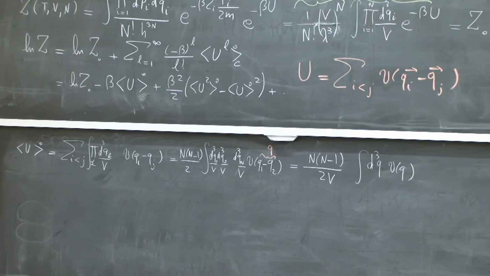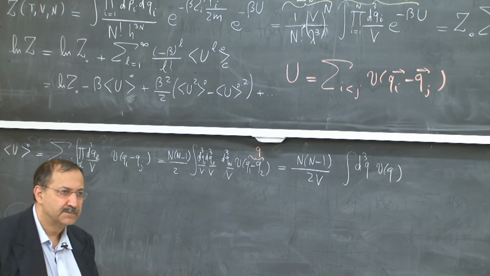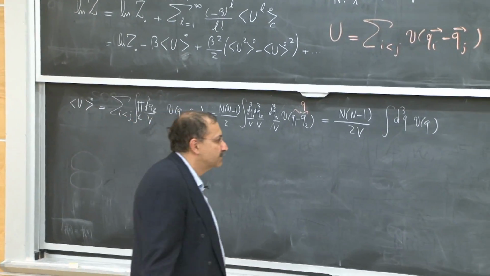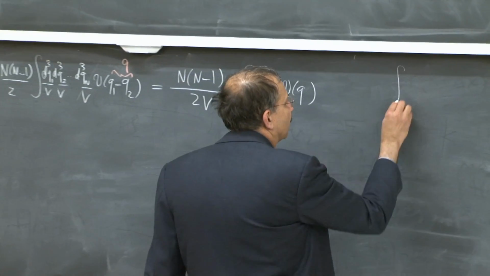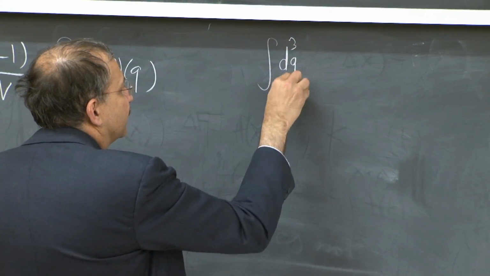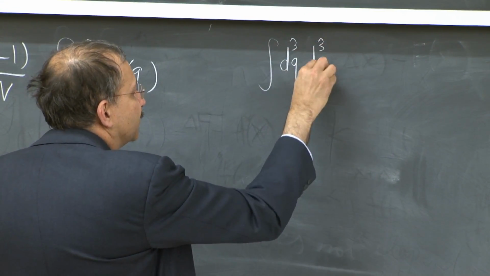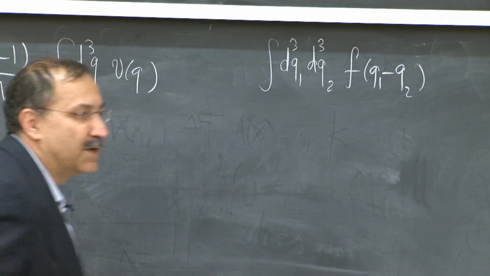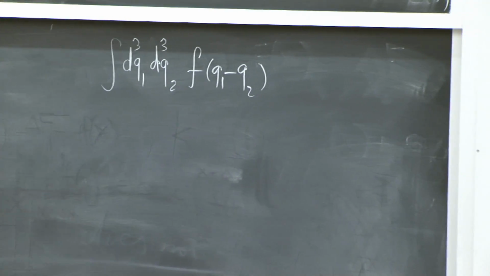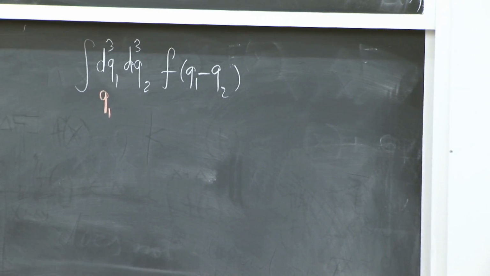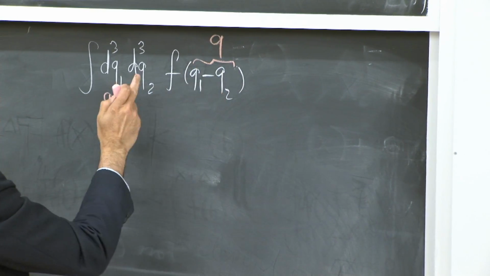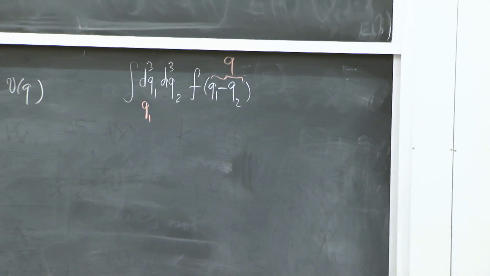Yes? How did you turn the product of 2 differentials dq1 times dq2 into just one differential dq? Okay. I have the integral d cubed q1, d cubed q2, of some function of q1 minus q2. I change variables, keeping q1 as one of my variables, and replace q2 with q, which is q1 minus q2.